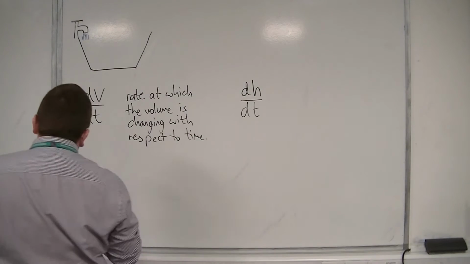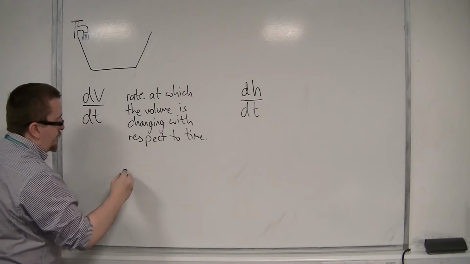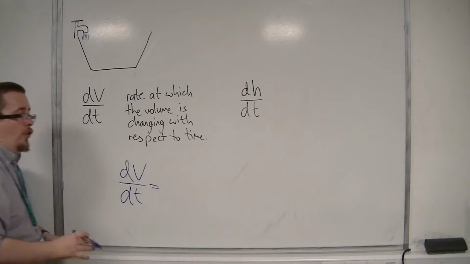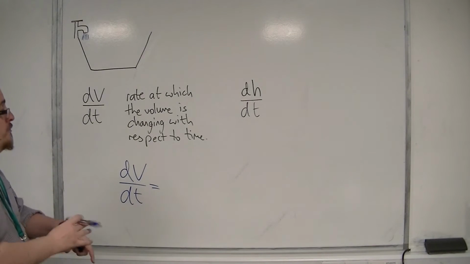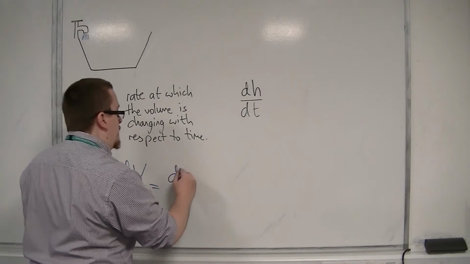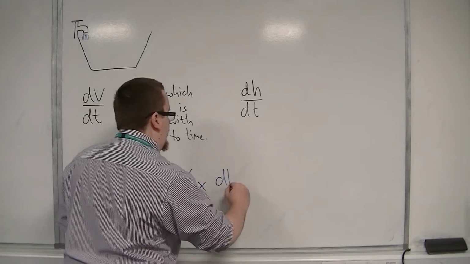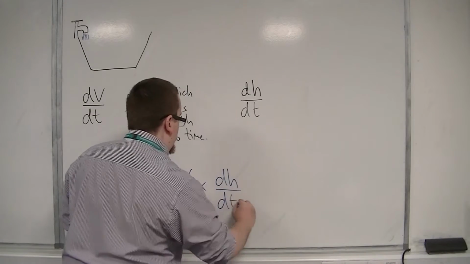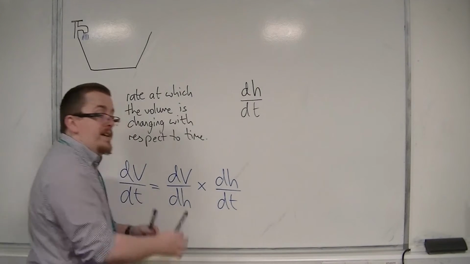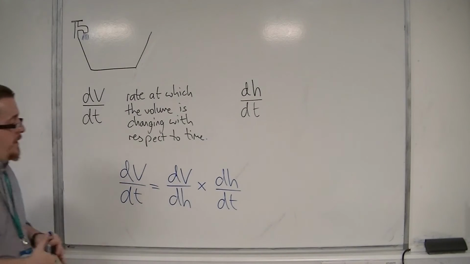So we would be able to write dV by dt as the product of two rates of change, of two derivatives. So we could have dV by dH times dH by dt. So the dH's, in effect, cancel each other out, leaving you with the dV by dt.